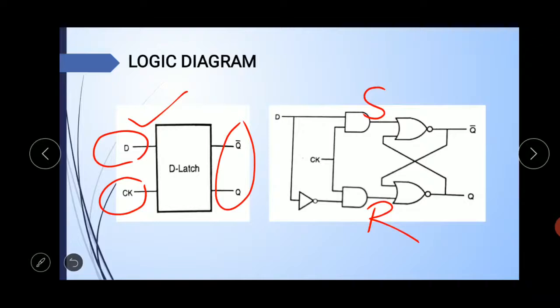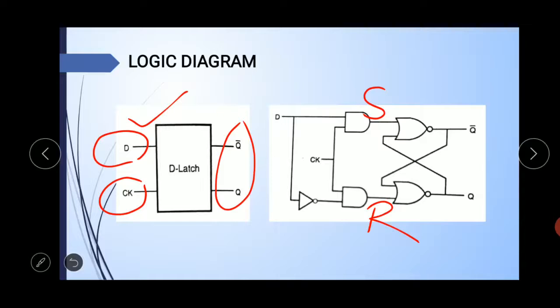Only at that time we get the output similar to the value of D. When the clock signal goes to 0, the output will simply preserve its state, which means it holds the previous value. Thus the CK, the clock input, acts as an enable signal which allows data to be accepted into the latch.